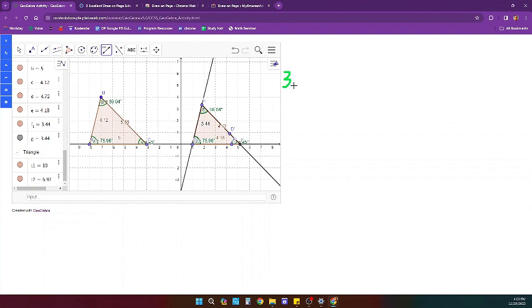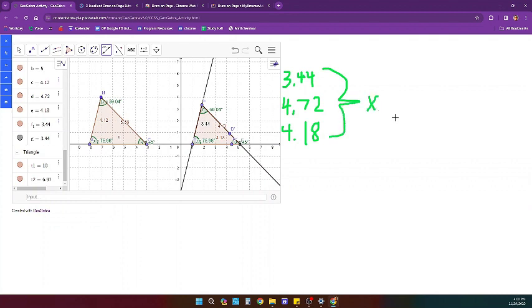The way I would do that is by taking the side lengths of DEF, so 3.44, 4.72, and 4.18, and multiply all of them by our ratio.